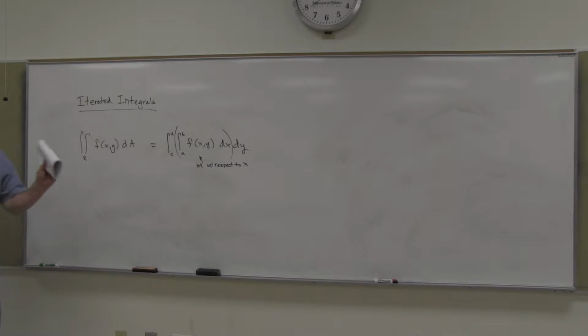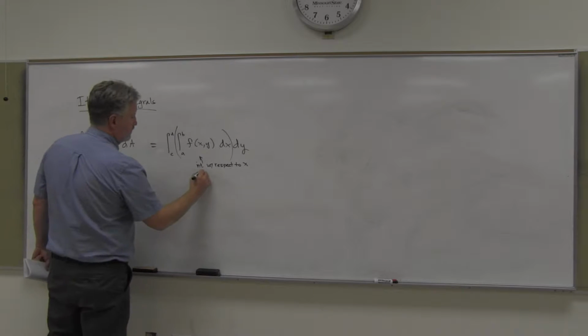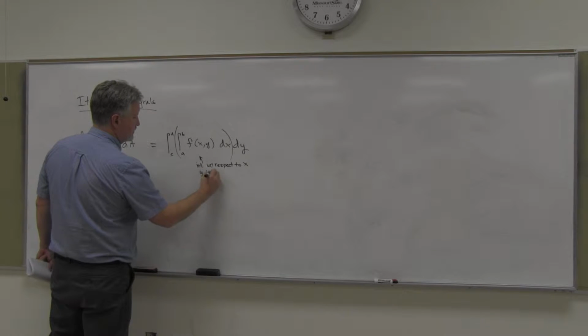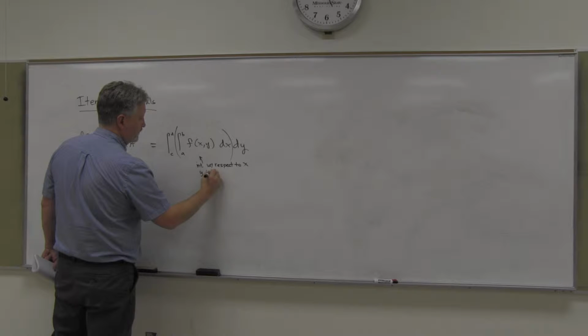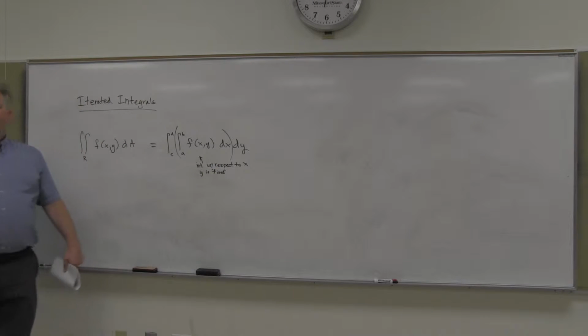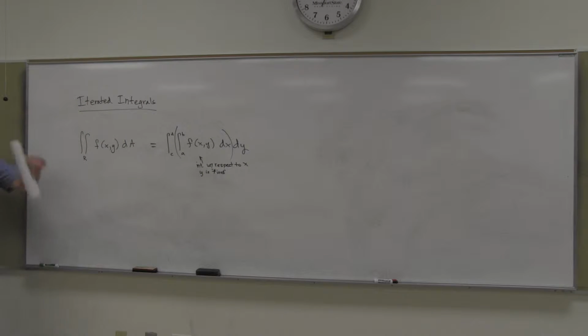And when I do that, since I'm integrating with respect to x, I'm going to hold the y value fixed, like we did with the partial derivatives. So we do the innermost first.